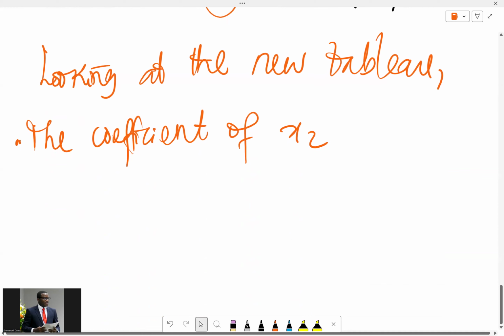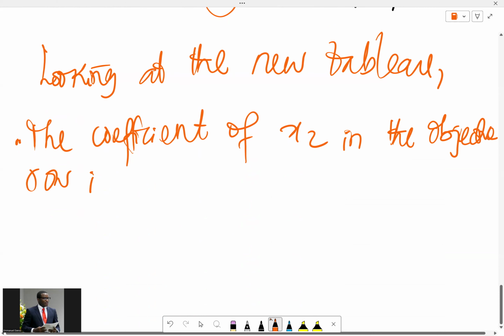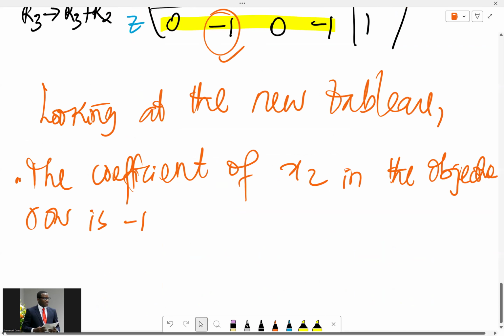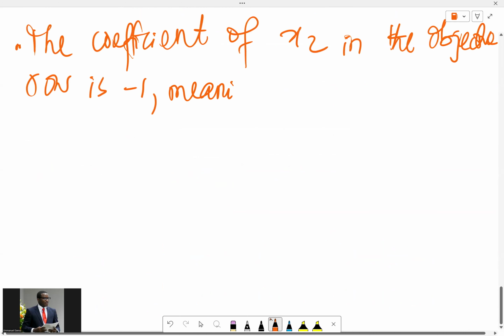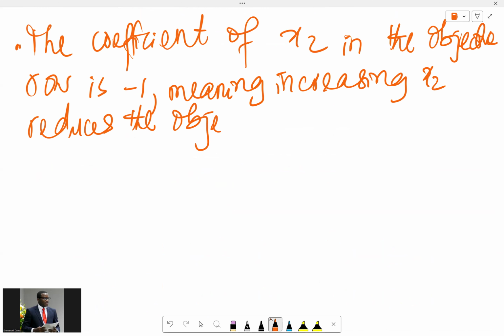So the coefficient of x2 in the objective row, that's the z row, is -1, just like I've pointed out here. So what that simply means is that increasing x2 reduces the objective function. That's one thing. So it has a negative impact on the objective function.